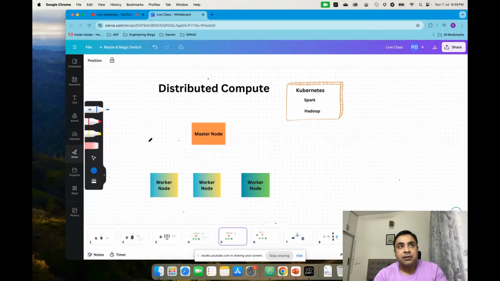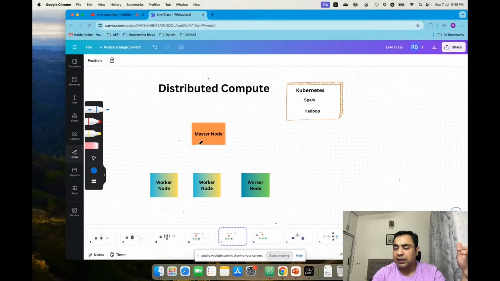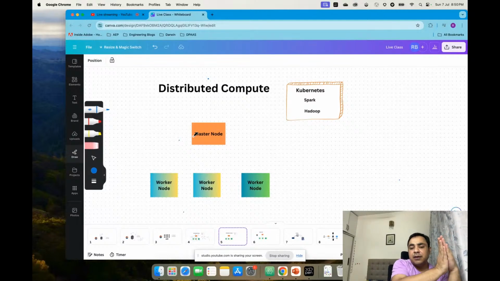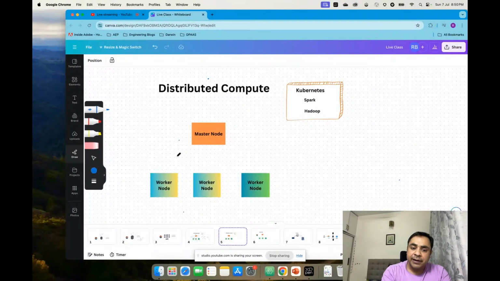For that, you might have to use a distributed framework. If you're using Spark, then the driver and workers will come into the picture. If you have MapReduce, then other related components will come into the picture, where you would have a master and actual jobs would be running on the different workers.